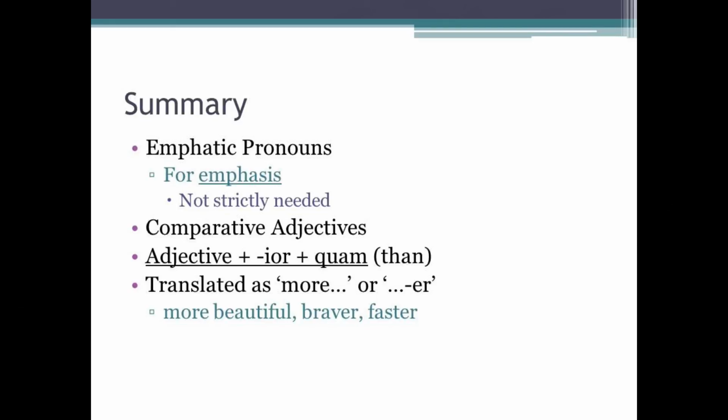These are formed by taking the regular adjective and adding IOR to the end, and then the word quam, meaning than. And this rule applies for all comparatives, apart from a few irregulars that we've already met. And these are translated as more something, or a word ending in ER, like quicker or stronger.